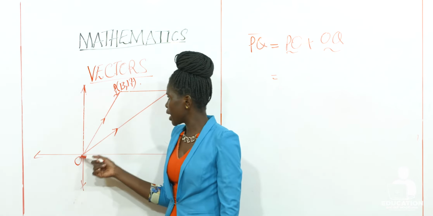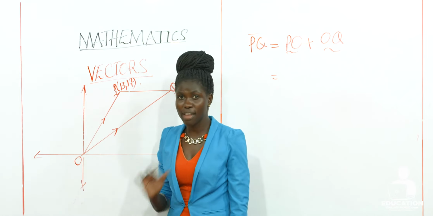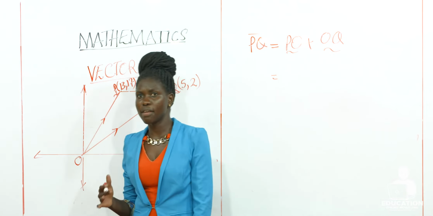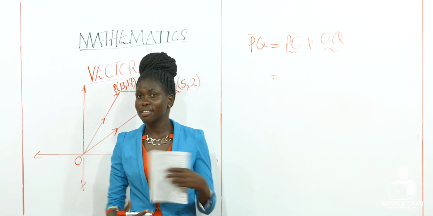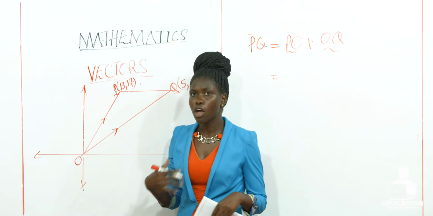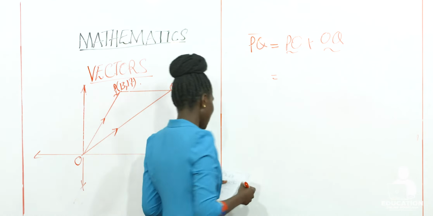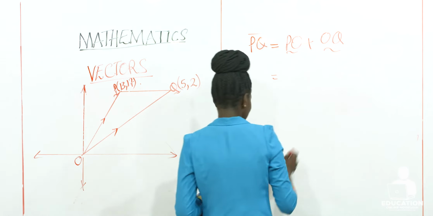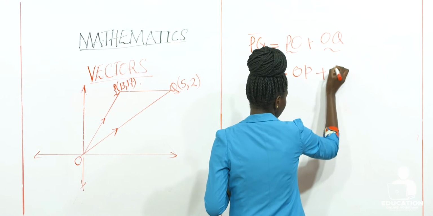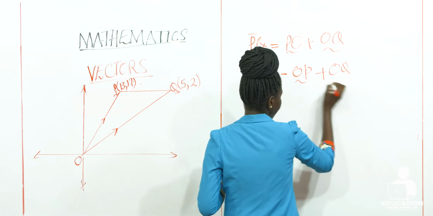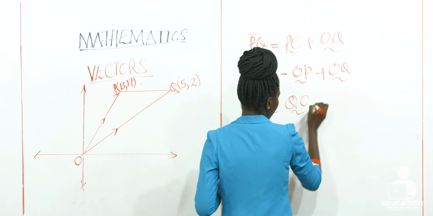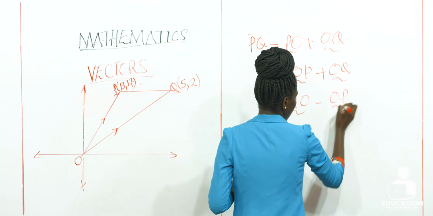So to move from here up to there is a positive. It's the same distance, but they vary in terms of the sign. This one is a positive movement and this one is in the reverse or the opposite direction, which is bearing a negative value. So with that, we are going to say this is now negative OP plus OQ. So we can start with OQ minus OP.